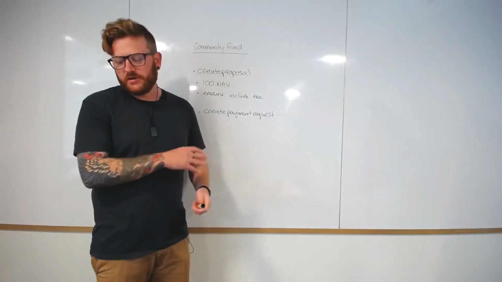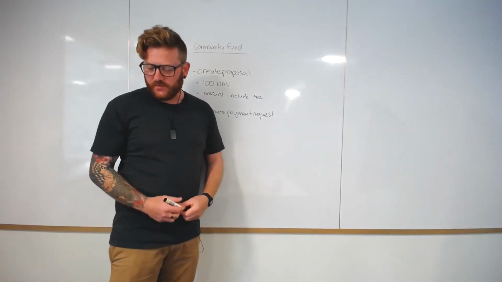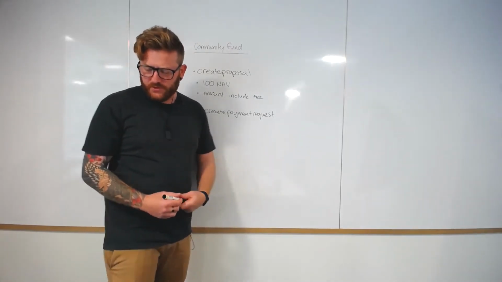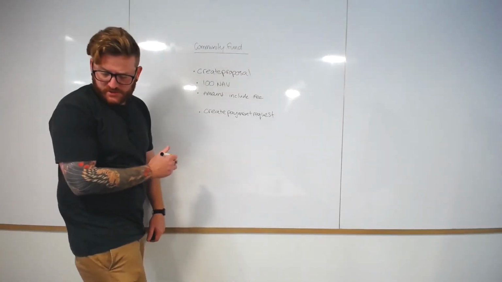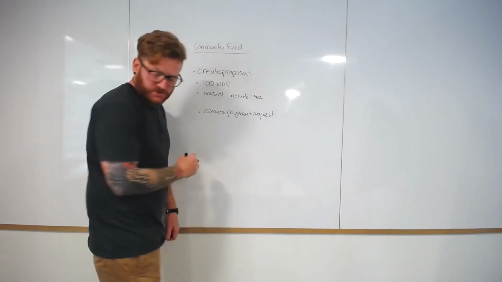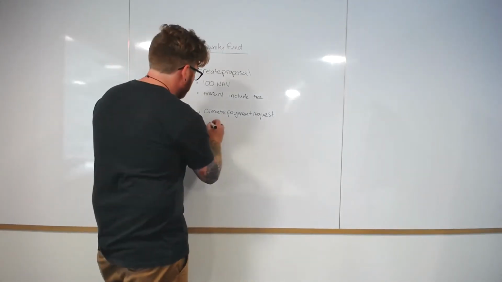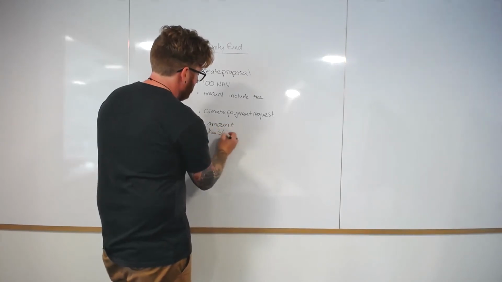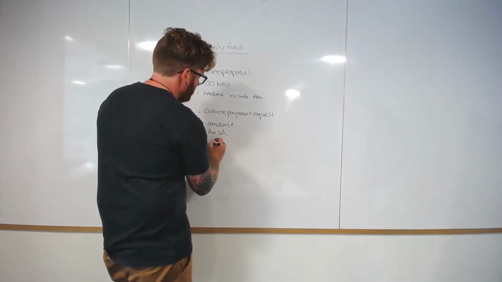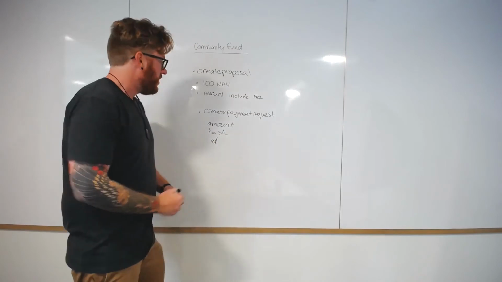So we've created this two-step process where you then have to make a payment request. So to make a payment request, you specify the hash and the amount and ID, and that's mainly for your own reference.